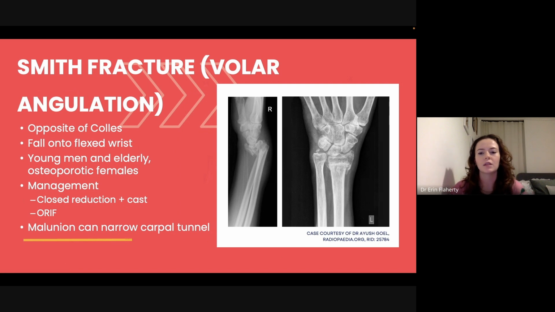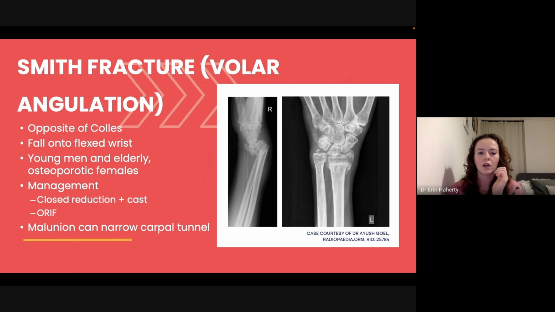And the management of this is very similar to how you would manage the last one of Colles. So closed reduction in ED if you can, with a below elbow cast for a few weeks, or if you're not able to do that, then we'd look at doing an ORIF again. In this case, just because of the way that the fracture buckles, there's a lot of stress here right at the front onto the carpal tunnel, and the carpal tunnel is where you have a lot of your ligaments and tendons that come from your muscles in the forearm into your hand, and also where your median nerve mainly runs.